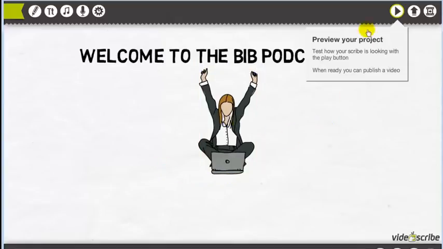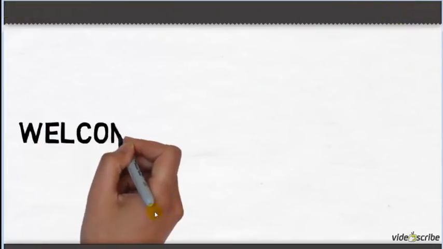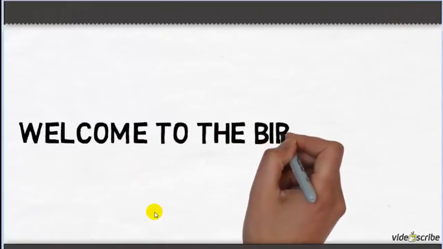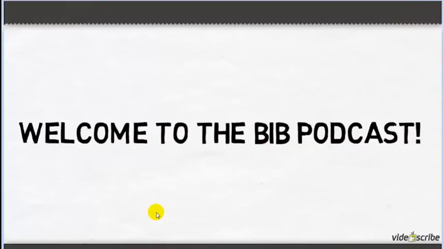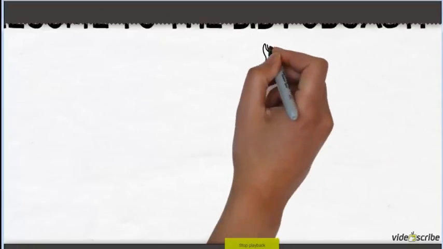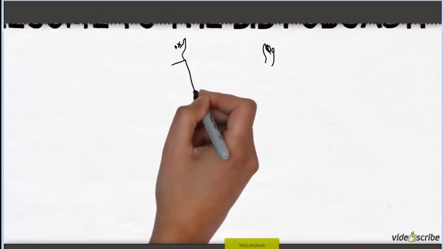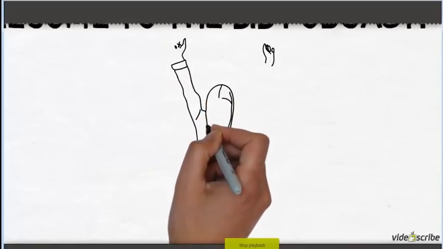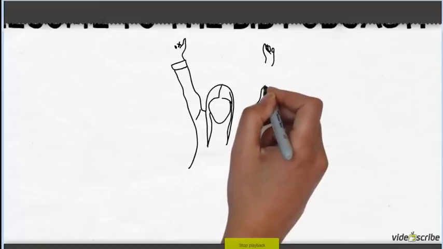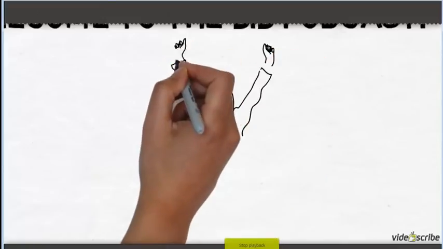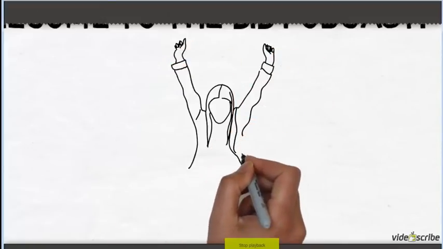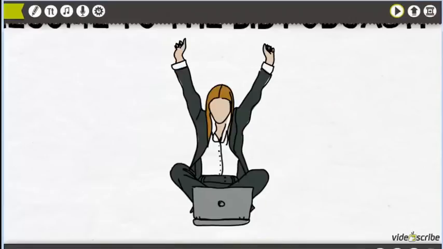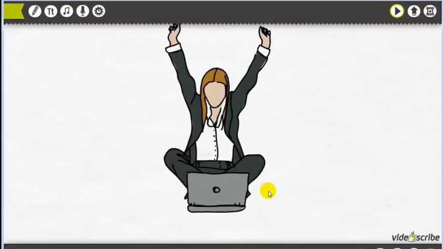Okay, and then if we want to preview that to see what that looks like, we can click on, let's see, the play. Okay, now you can see it's drawing it out, but it's doing it really slow.